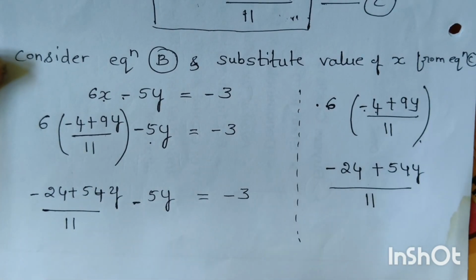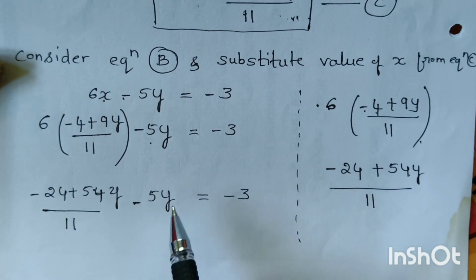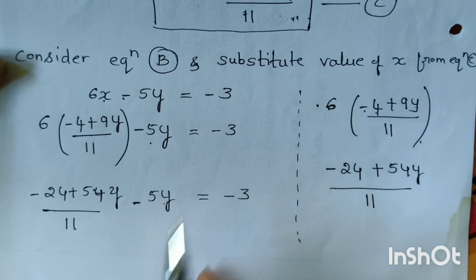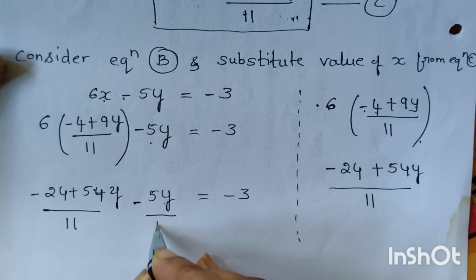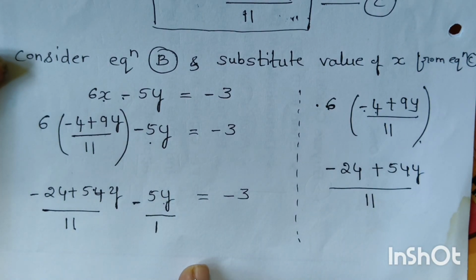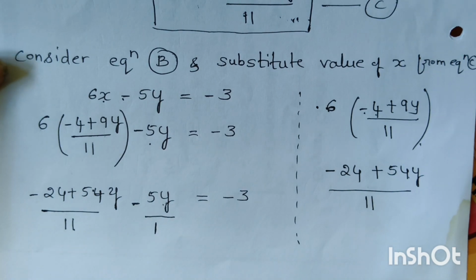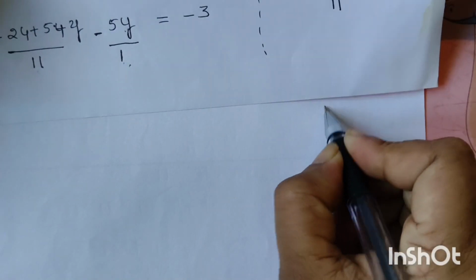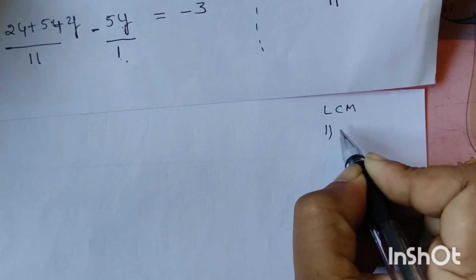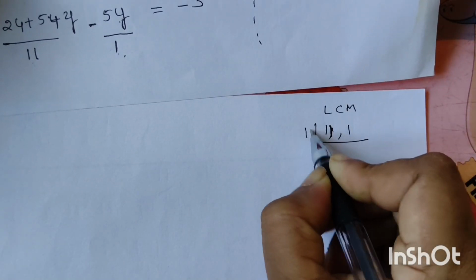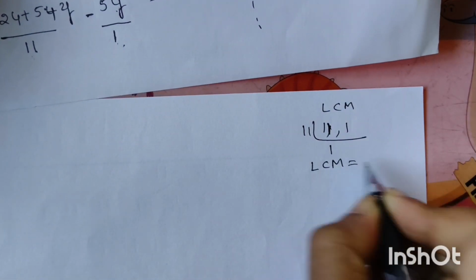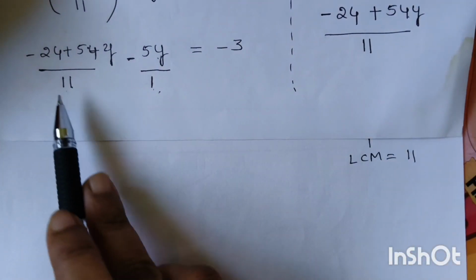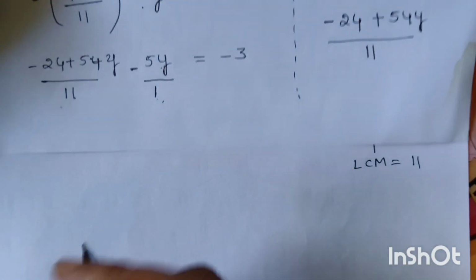Now look at this. Here we have numerator and denominator, but here we have only numerator. So nothing is in the denominator, meaning I can consider it as 1, right? Now we want to subtract these two terms, so we have to take the LCM to equalize the denominators. The LCM of 11 and 1 is 11 only, right? Therefore, we have to equalize the denominator to 11 to subtract.